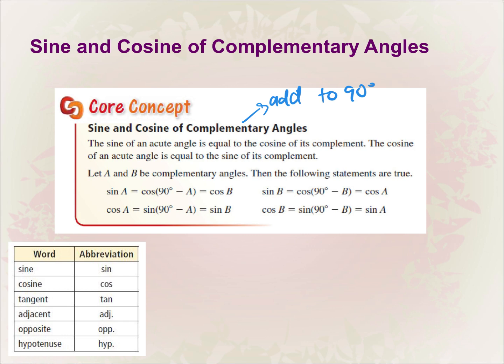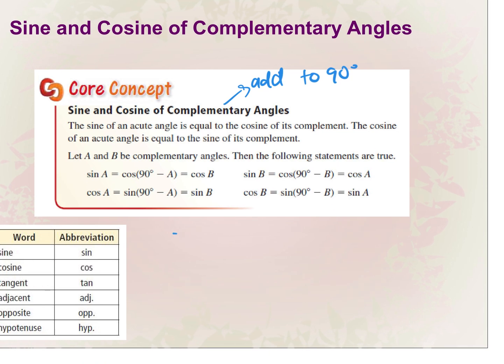For example, the sine of 60 degrees is equal to the cosine of what angle? 30 degrees. Because 60 and 30 add up to 90. As long as your two angles are complementary, the sine of one of them will be equal to the cosine of the other.